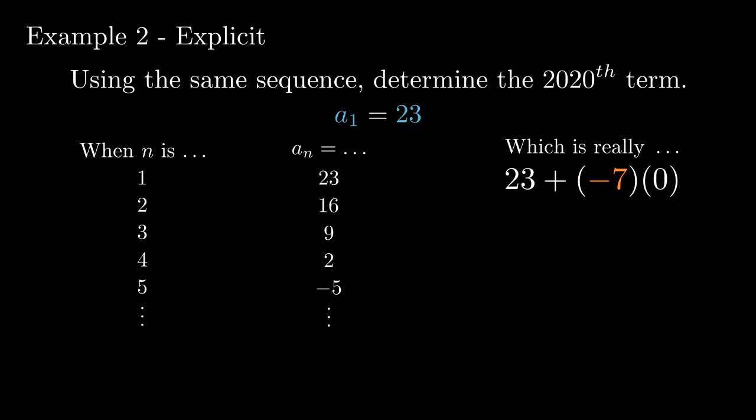As we start to increase our index, looking at subsequent terms, we see a really convenient pattern emerging. For example, for us to have reached the 4th term, here where n equals 4, we had to start with our first term, 23, and then add the common difference only 3 times, right? We don't introduce the negative 7 on our first term, but to go 3 more terms, we have to introduce that difference 3 times.